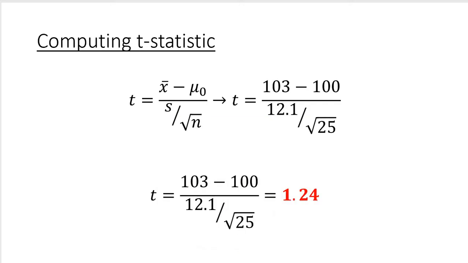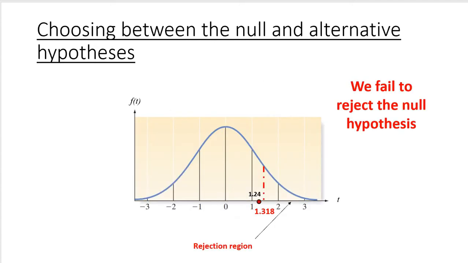Computing the t-statistic makes no difference for a one-tailed test and a two-tailed test. Pretty identical. So now we can go back to the t-distribution with the rejection region, and here we conclude that we failed to reject the null hypothesis because the t-statistic does not go within the rejection region.